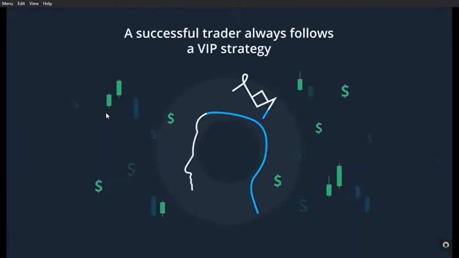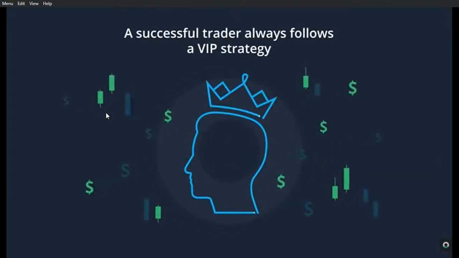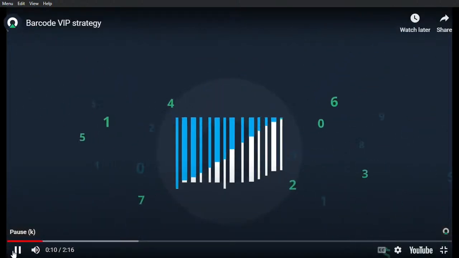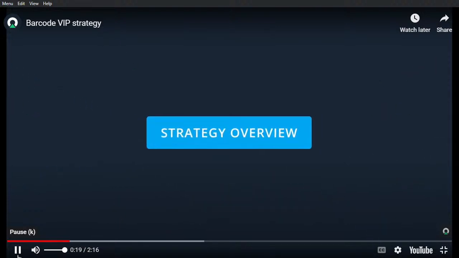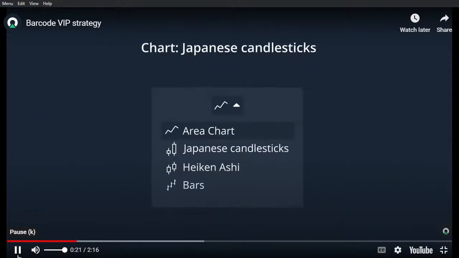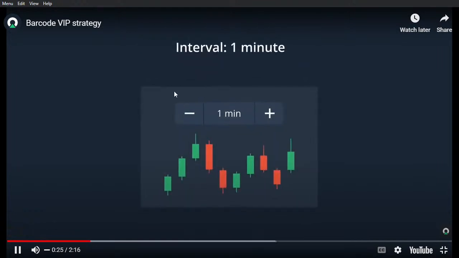A successful trader always follows a strategy. A VIP strategy from OLYMP TRADE. In this video, we will discuss the Barcode VIP strategy for making 1-minute trades. When using it, it is possible to open more than 20 trades per hour. We use a Japanese candlesticks chart for trading. 1 minute is a suitable chart interval.